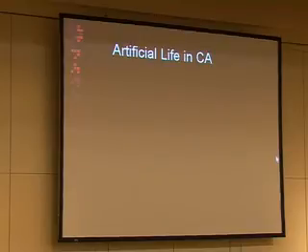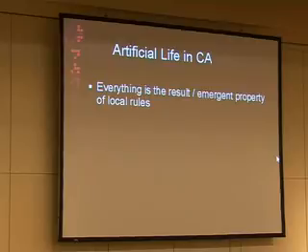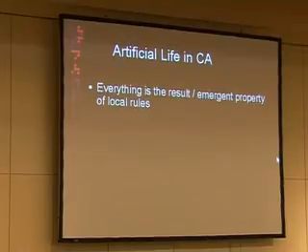What is generally interesting is that everything about the loops we've seen, and all the other rules, is the result of only local rules. You could parallelize this calculation very easily, because you don't need global information to calculate the next state of each cell.